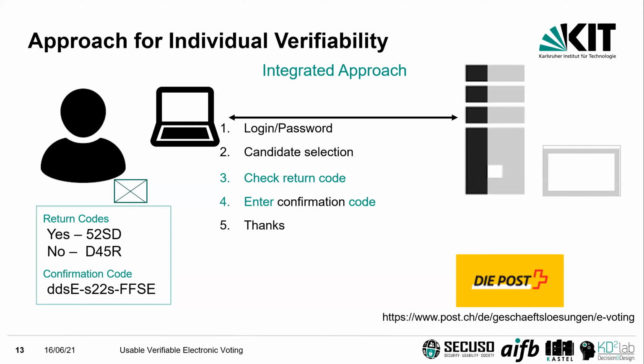I mean, of course, you could argue the return code is displayed and it's not necessary to check the return code. As a voter, I could immediately confirm. However, compared to what people know from e-banking, this seems to be closer to what they know.